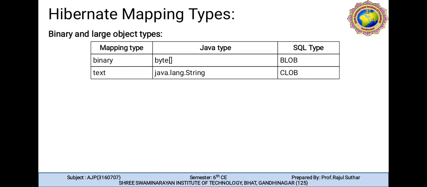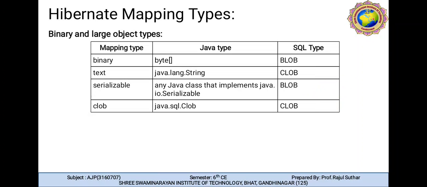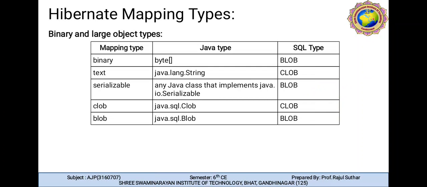Text is stored as a sequence of characters, a sequence of characters stored in the string data type. We can store it in the character large object, that is called a CLOB. Serializable: any Java class that implements java.io.Serializable is stored as a binary large object, or as a CLOB, character large object, java.sql.Clob; we can use CLOB or BLOB.